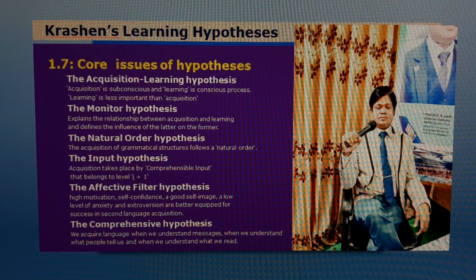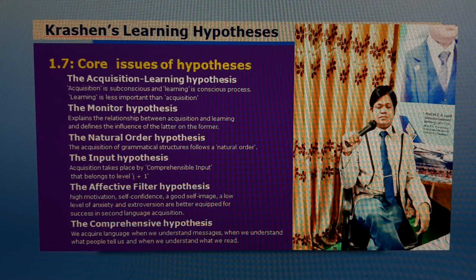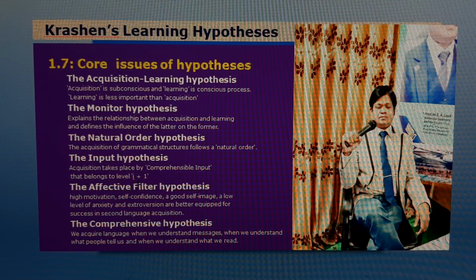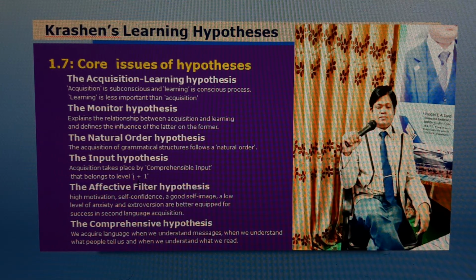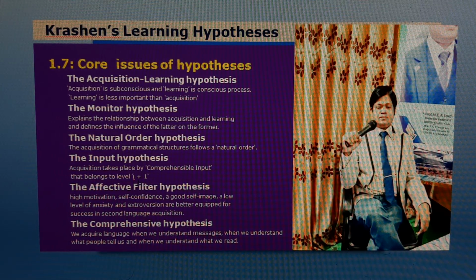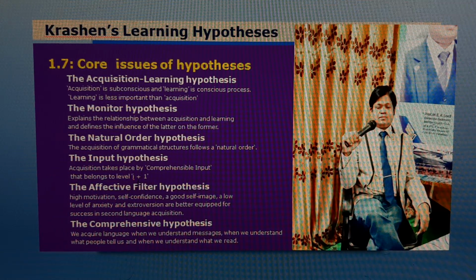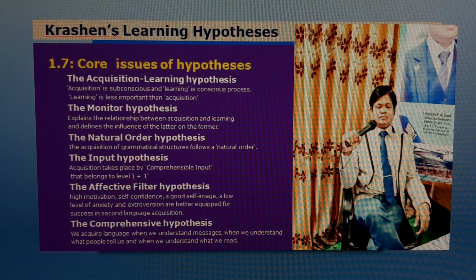According to this hypothesis, the learner improves and progresses along the natural order when he or she receives second language input that is one step beyond his or her current stage of linguistic competence. For example, if a learner is at stage I, then acquisition takes place when he or she is exposed to comprehensible input that belongs to level I+1.